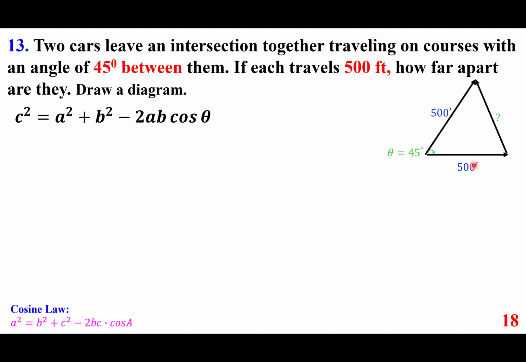Needless to say, it means 500 squared plus 500 squared minus 2 times the two numbers 500 and 500, cosine of 45 degrees. You have to put it into a calculator, do the math, take a root. So I'm going to give you the final answer. The C, or the question mark, is 382.68 feet.